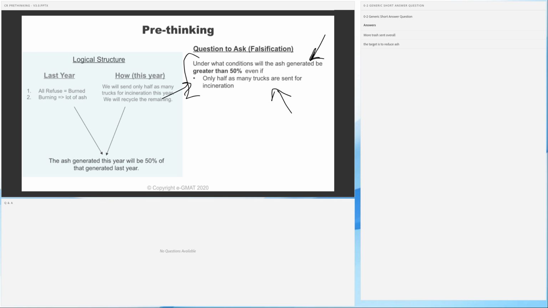In what scenario can this happen? Yes. Why would an increase in garbage matter if I'm only sending half as many trucks? If trash is more, what does that mean?